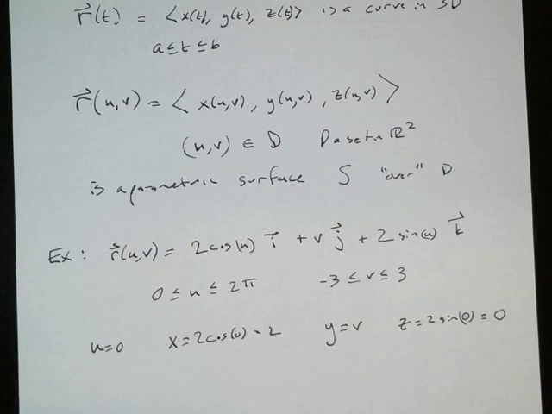So let's think of what happens in 3D here. X is 2. Z is 0. But v, and thus y, goes from -3 to 3. What does that describe? That describes a line segment.